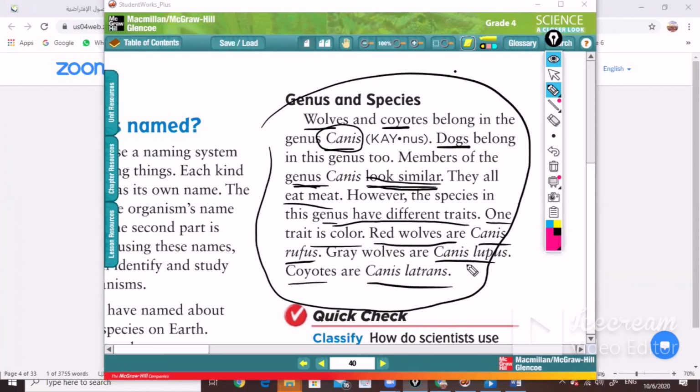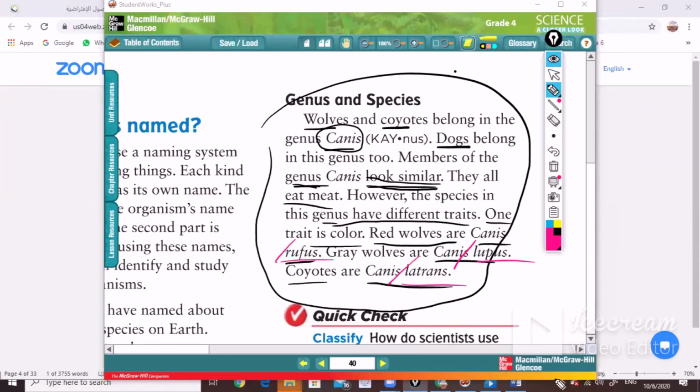Gray wolf, Canis lupus. Coyote, Canis latrans. All of them are Canis, but different in rufus, lupus, latrans. That is the name of each species.